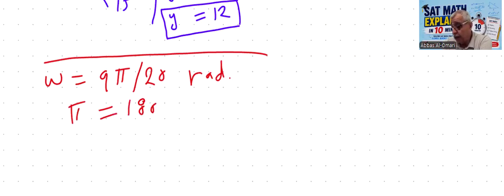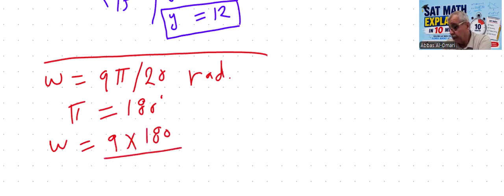So W equals 9 by 180 divided by 20. So that's 81 degrees. 18 divided by 2 is 9. 9 by 9 is 81 degrees. This is also a very straightforward problem.